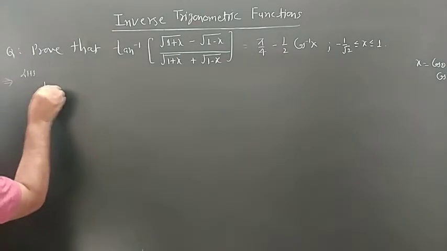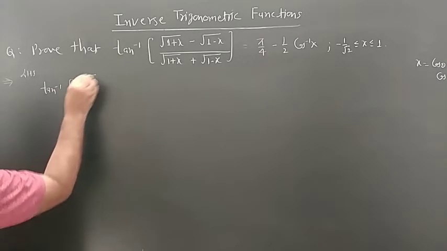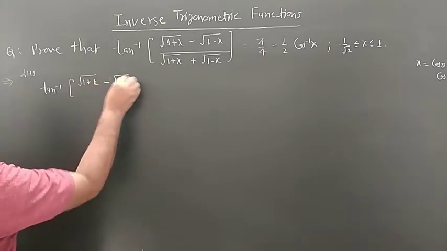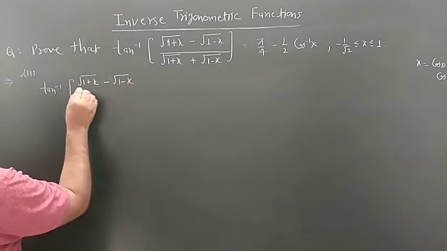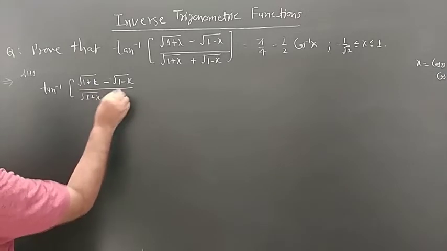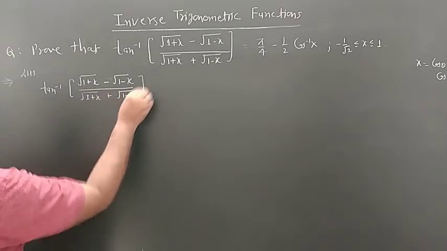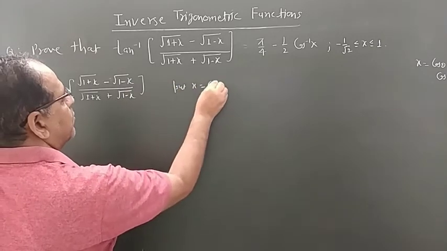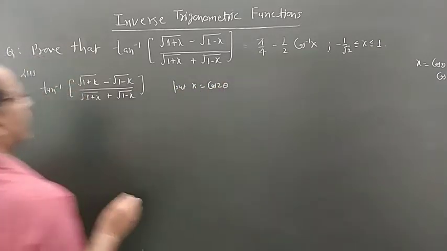Tan inverse of (under root 1 plus x minus under root 1 minus x) upon (under root 1 plus x plus under root 1 minus x). Put x equal to cos 2 theta.